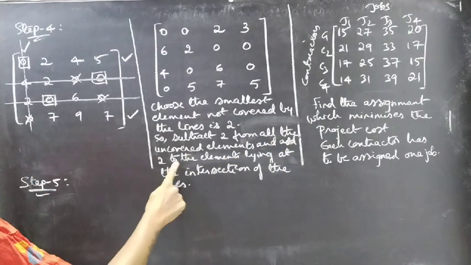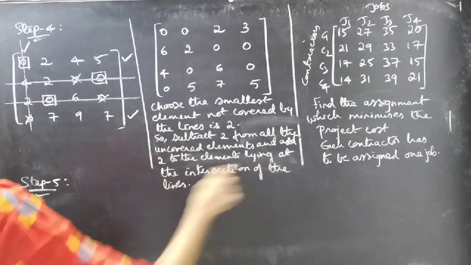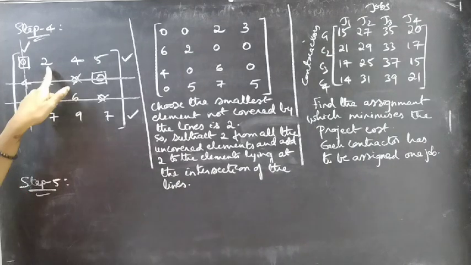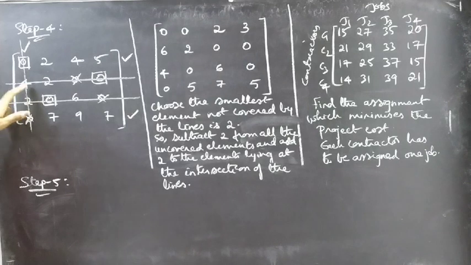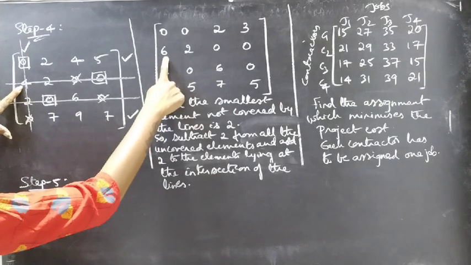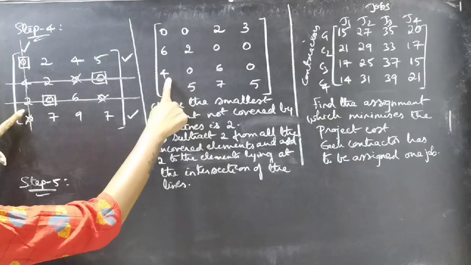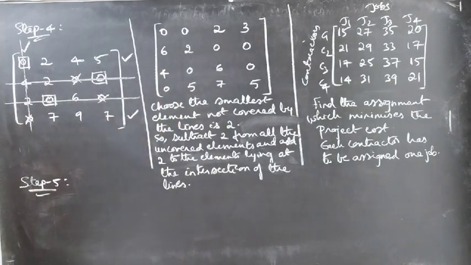And add 2 to the elements lying at the intersection of the lines. We have added 2 to the elements which are lying at the intersection of 2 lines. We have added 2 to this 4 and 2. See, we got 4 plus 2 is 6, 2 plus 2 is 4, right?